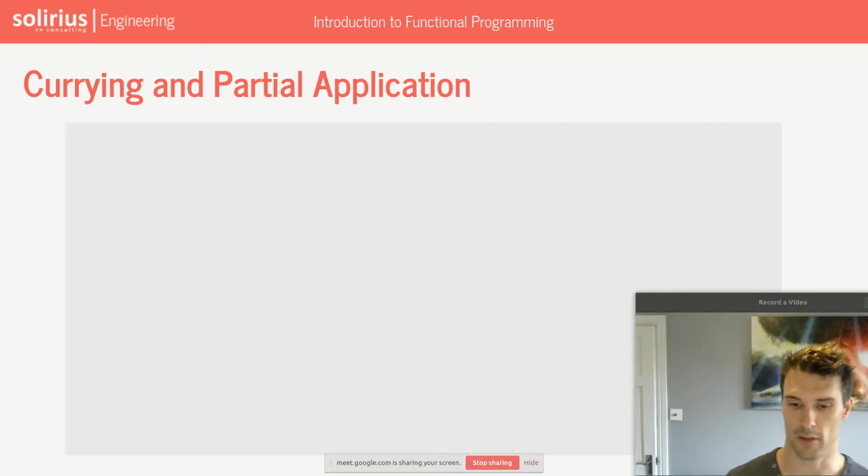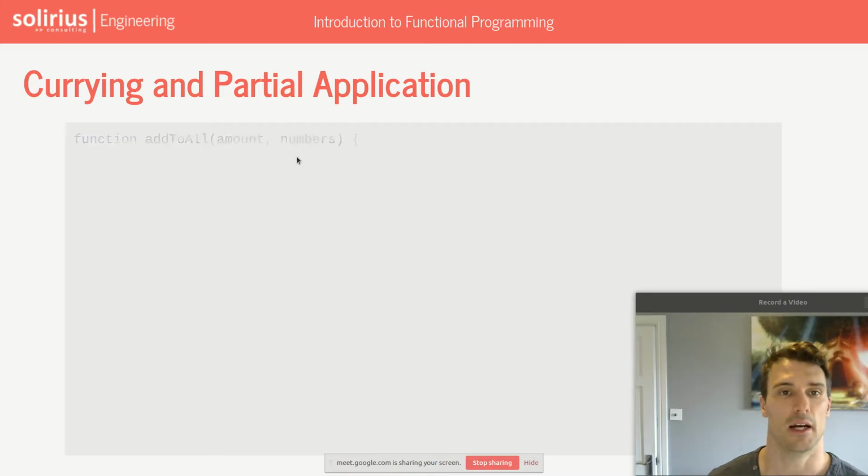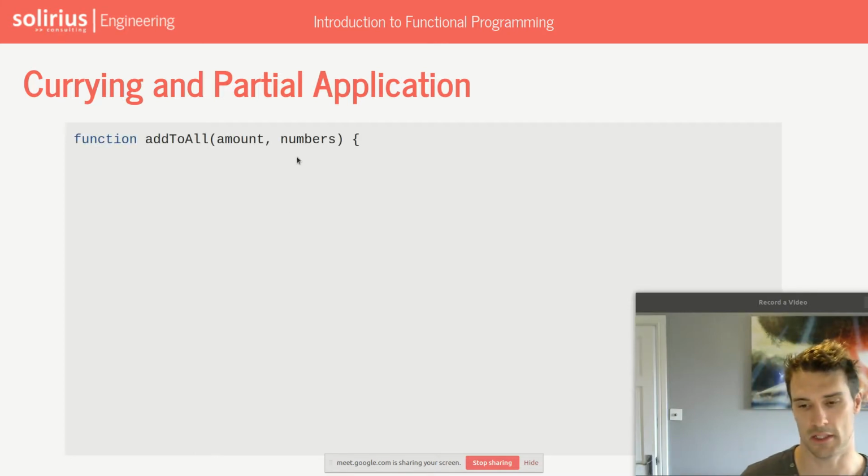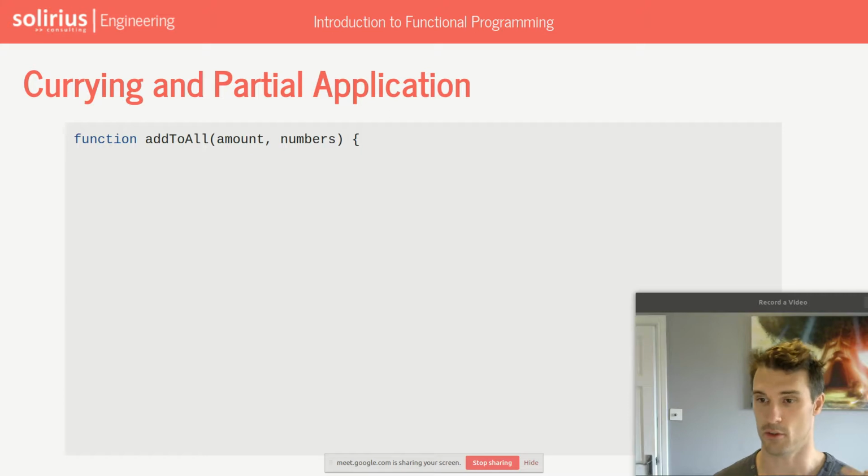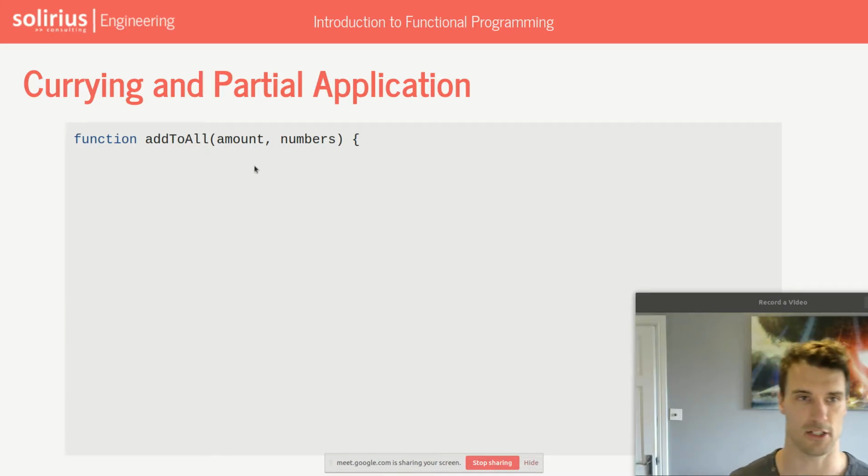So if you're doing that in a functional sense, you would use partial application of a function via something called currying. Essentially what you want to do is apply some of the arguments to a function and get a pre-baked function that's half ready to go, and then use that later on.